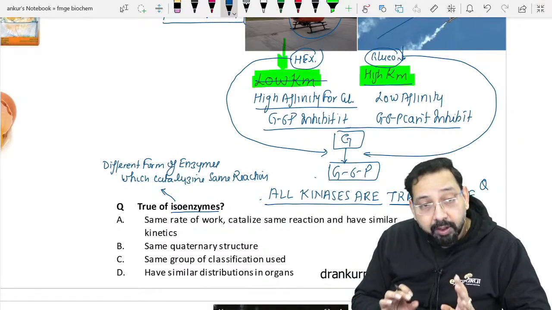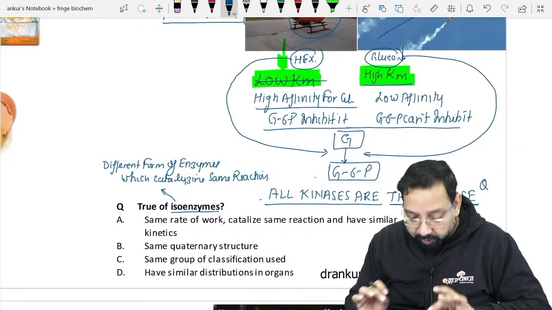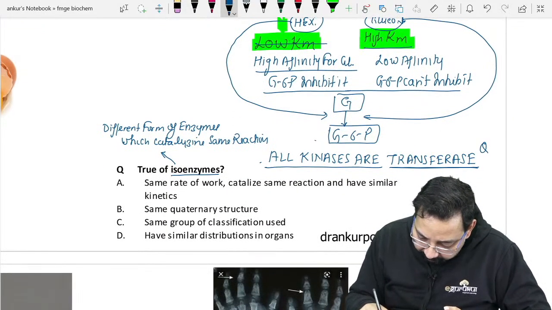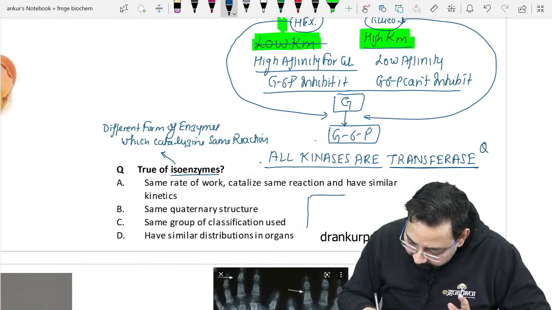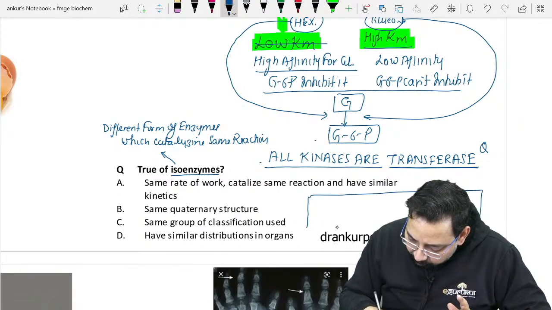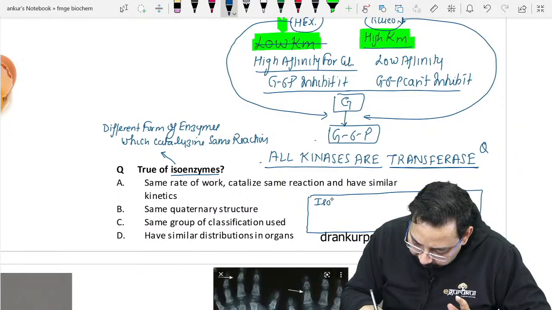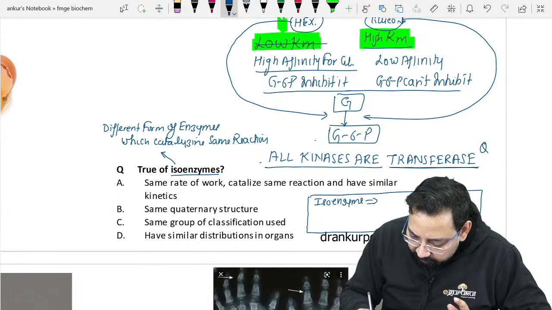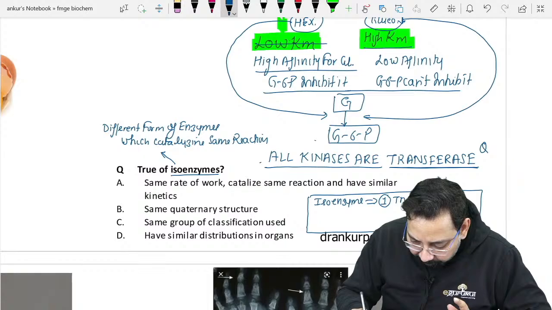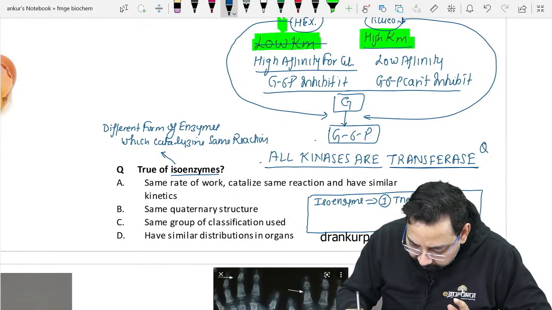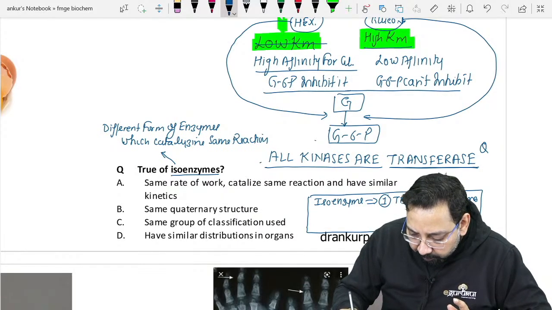So in isoenzyme, this is a mnemonic. In isoenzymes, two things are the same. First thing, they catalyze the same reaction.